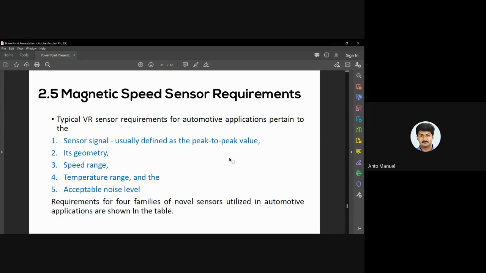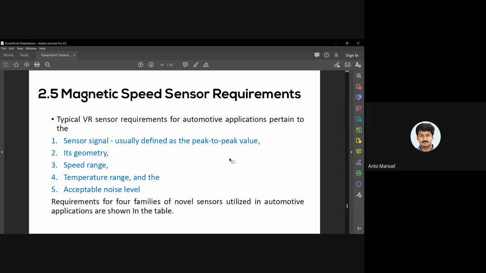If your exciter wheel is rotating at 10,000 rpm, is it possible for your device to get the output when this exciter wheel is rotating at that high rpm? Speed range is also one of the parameters, and that kind of design you require if you are going for higher speed.